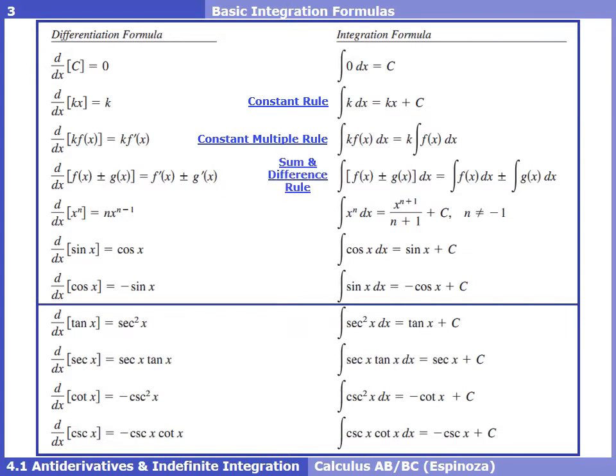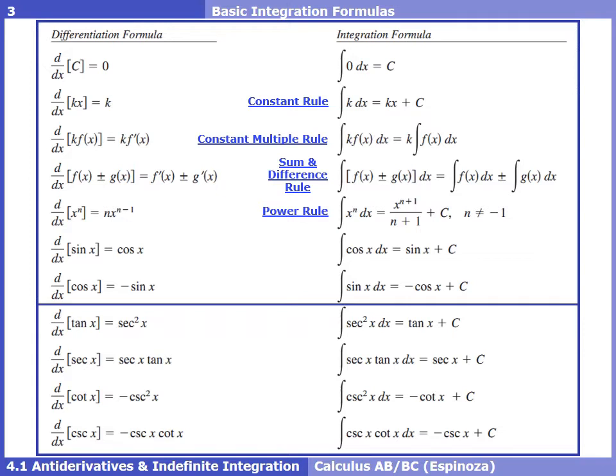The good news is, just like with derivatives, if you're adding or subtracting functions to each other, you can integrate those separately. You can integrate f and integrate g separately, and then add or subtract depending on what the signs are. You just saw the power rule in the last slide, so that's a little reminder there. And then our two basic trig integrals.